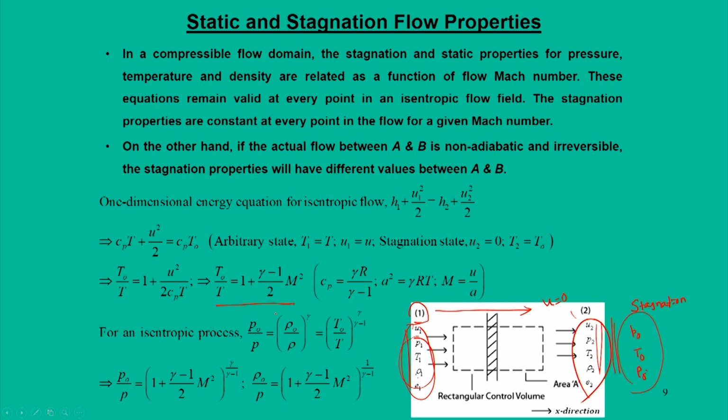Once we know the stagnation to static temperature ratio, we can compute the stagnation to static pressure ratio and the stagnation to static density ratio in terms of Mach number.